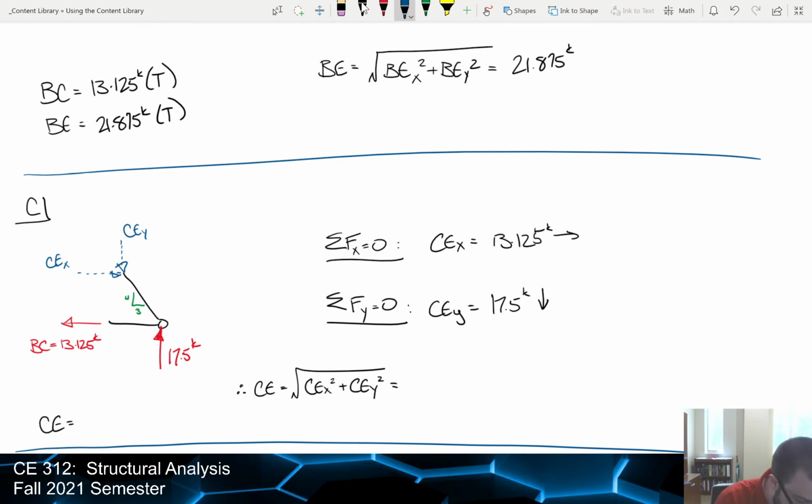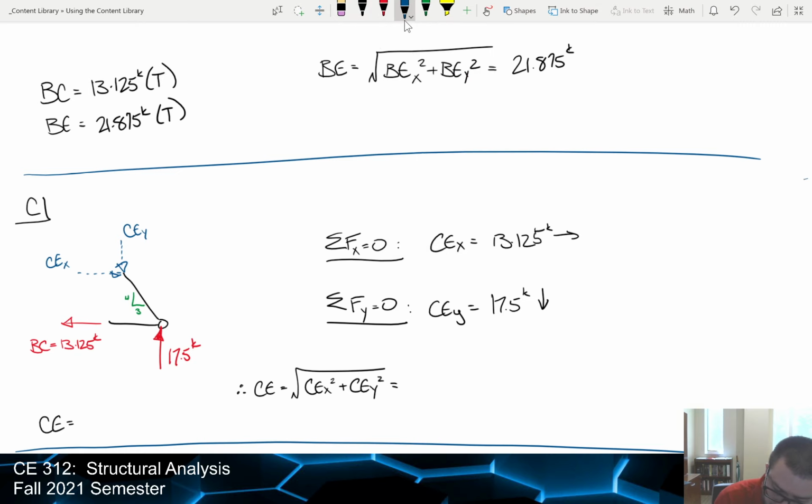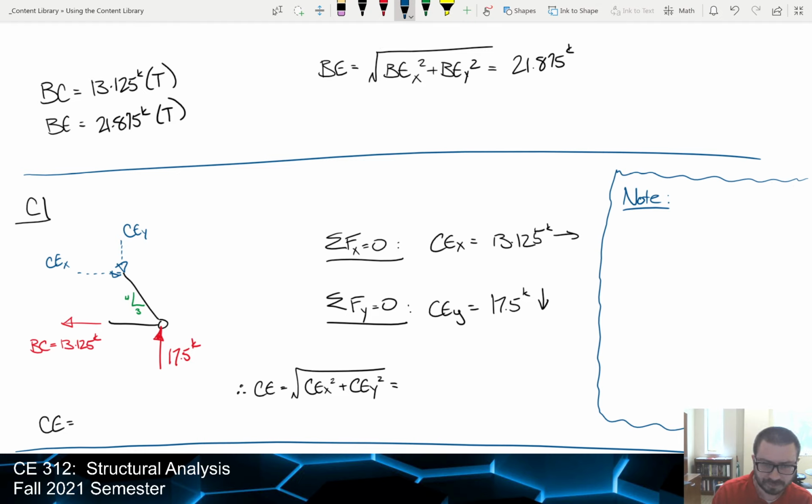Now I want to do a little calculation off to the side, just to show you something. CEx is 13.125 kips and CEy is 17.5. Watch what happens when I take CEx divided by CEy.